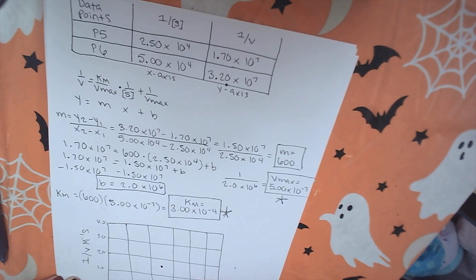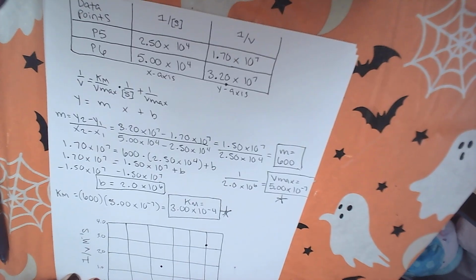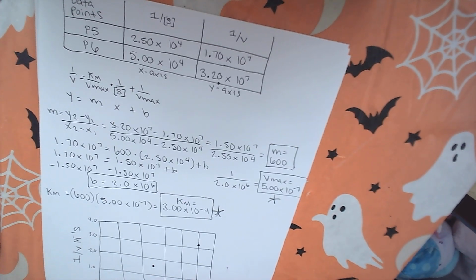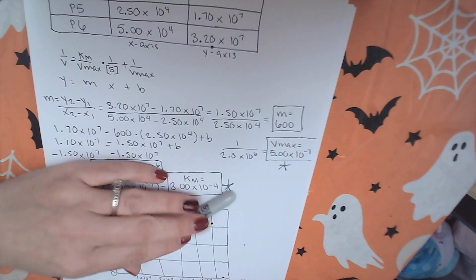Right? And then for our other one, we're going to go over to the 5 and then up 3.2, so it's going to be somewhere pretty low. Right? And I don't have a ruler, but we're going to try and mark this as good as I can with the Sharpie.